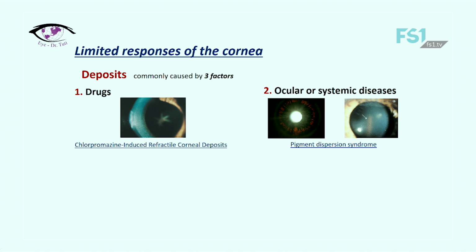Ocular systemic diseases, for example, might also be a reason for deposits in or on the surface of the endothelium. Endothelial cells phagocytose pigments in disorders such as pigment dispersion syndrome and Fuchs endothelial dystrophy, creating the clinical appearance of fine dusting of the posterior surface of the cornea, often in the form of a vertical central Krukenberg spindle.